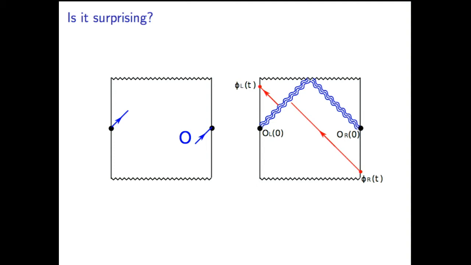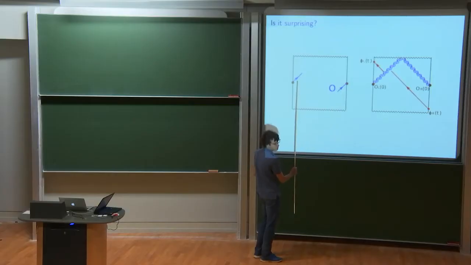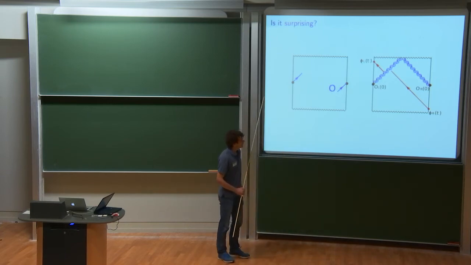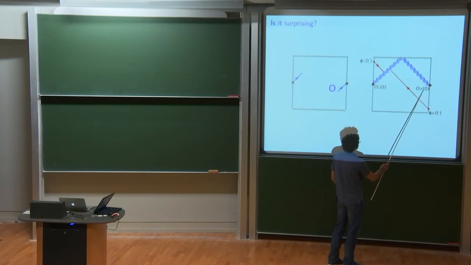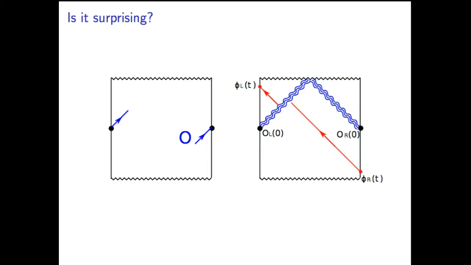And this coupling does not allow the phi quanta to pass through, only the O quanta. And indeed, the phi quantum is not passing through in some obvious stupid way through this coupling here. It's passing through the interior, through the wormhole. So the interesting point here is not so much that you can send information from one side to the other. It's how that information gets sent. It gets sent through the wormhole as opposed to through this more obvious boundary coupling.